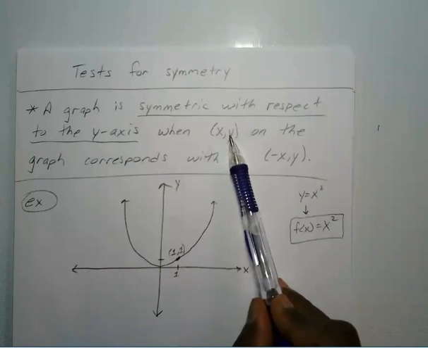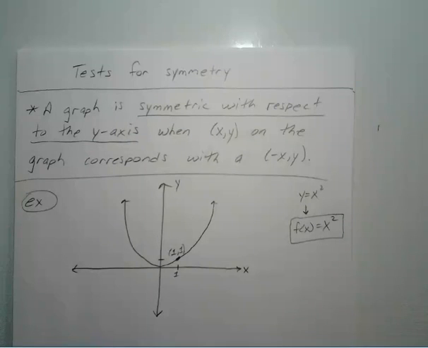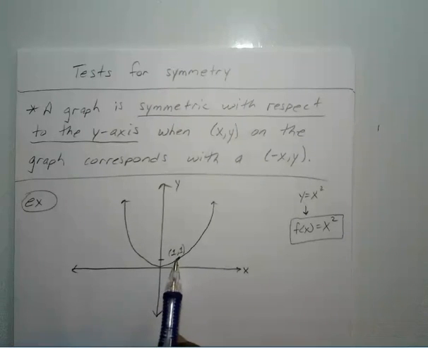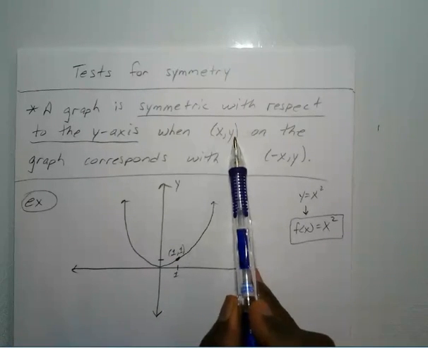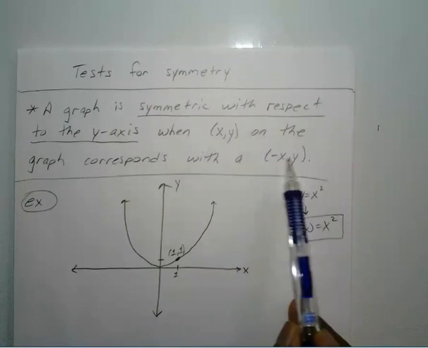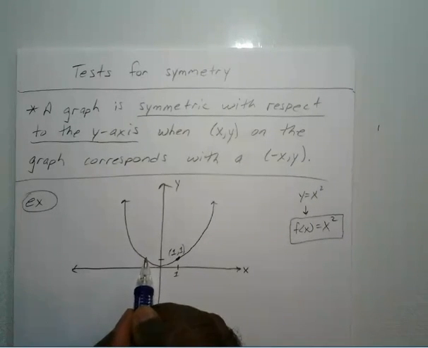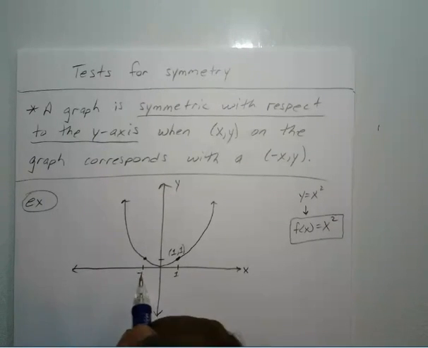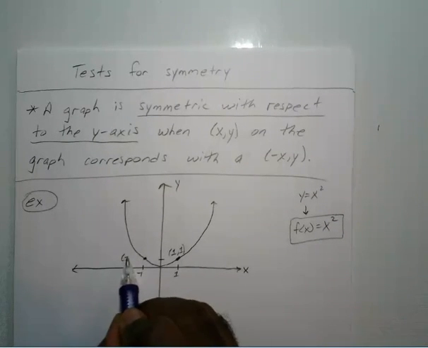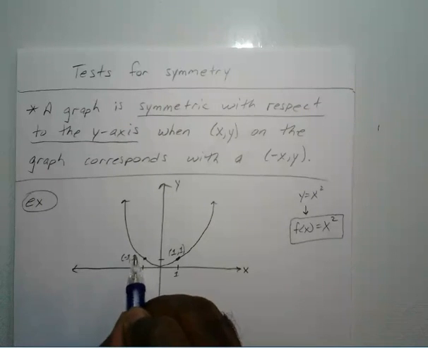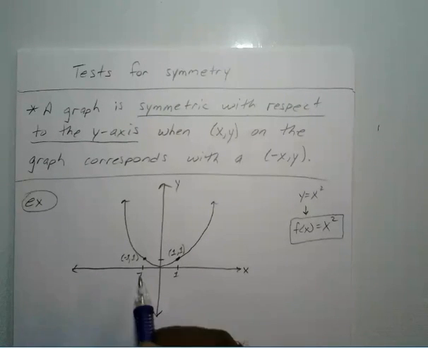For this to be a graph that's symmetric with the y-axis, since we have 1 comma 1, there has to be a negative 1 comma 1 on the graph. So this side is negative 1 comma 1.